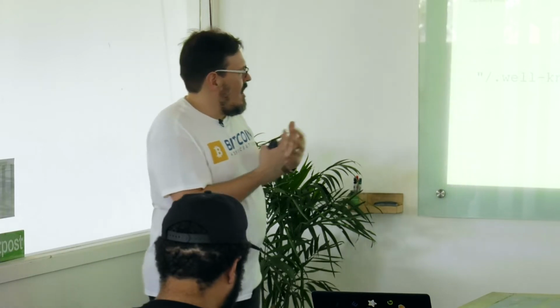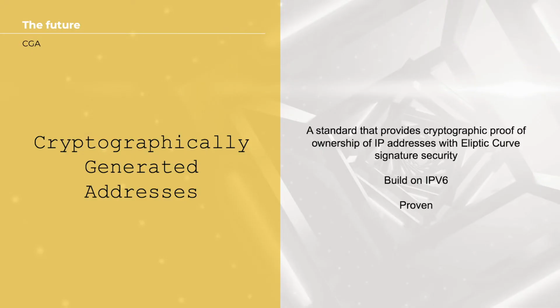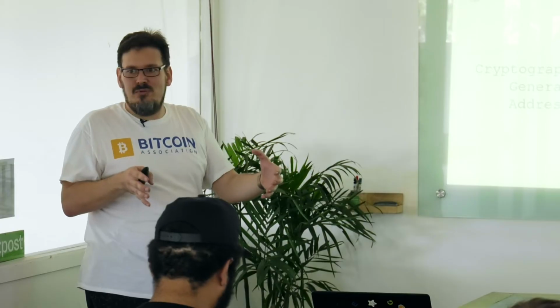I'm not really sure how easily that is worked around, but I think the future of this is going to come with cryptographically generated addresses, and this is a big part of IPv6. The reason we can't do it with IPv4 is basically that the IPv4 address space is already completely full.